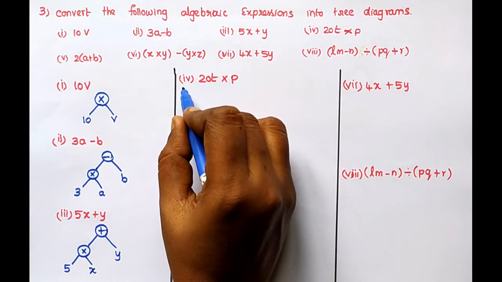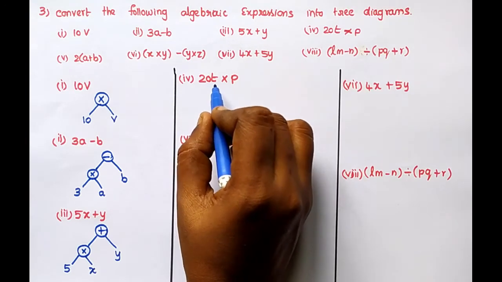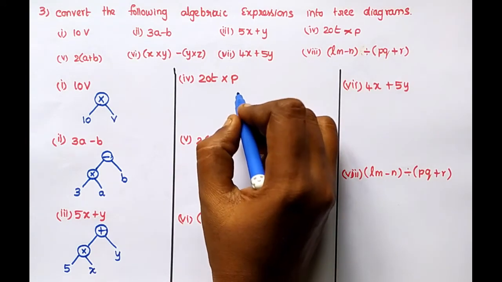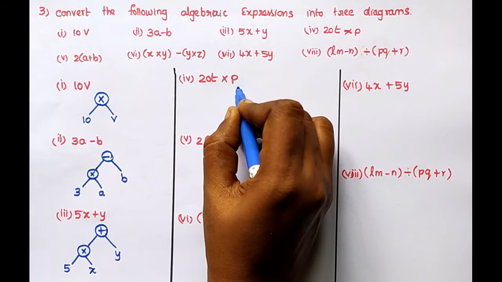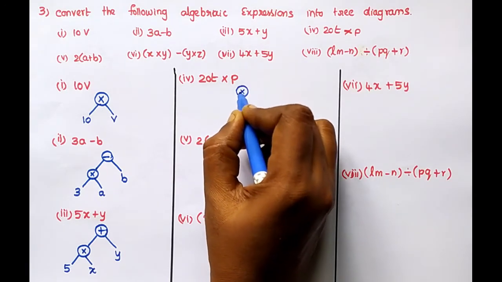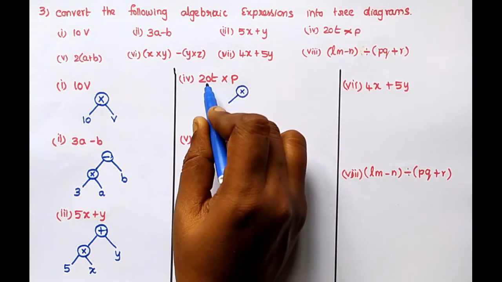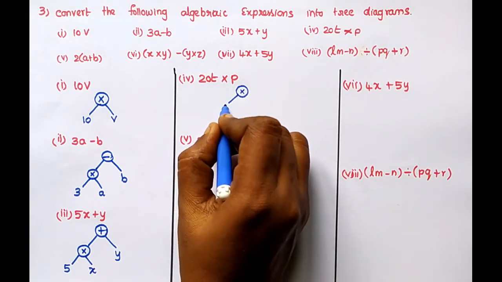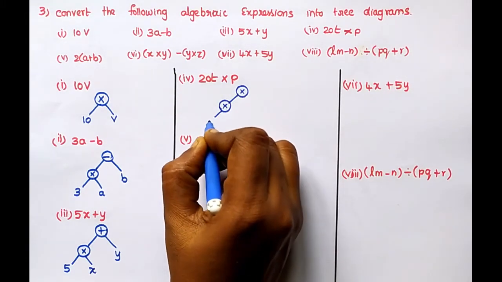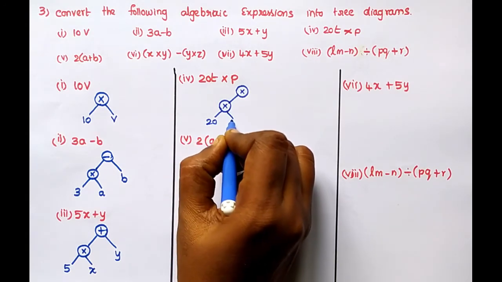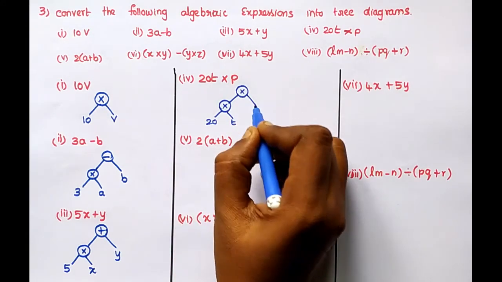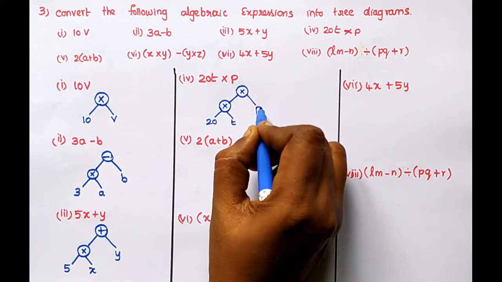Next one, fourth one, 20t into p. Here the main operation is multiplication. Which one? 20 into p. So here also multiplication, that is 20 and t. Here p.